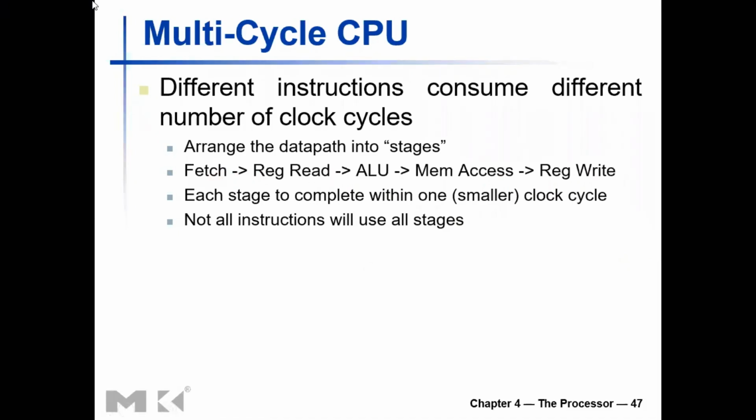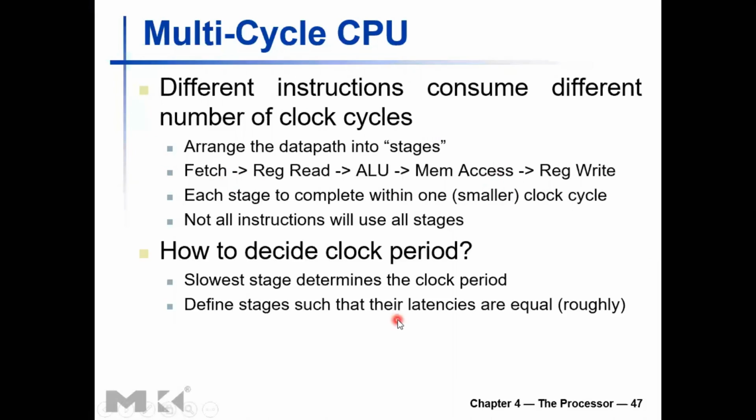So the clock period is now decided by the slowest stage instead of the slowest instruction. We have to adjust the work done in each stage so that each stage can be completed within roughly the same time.